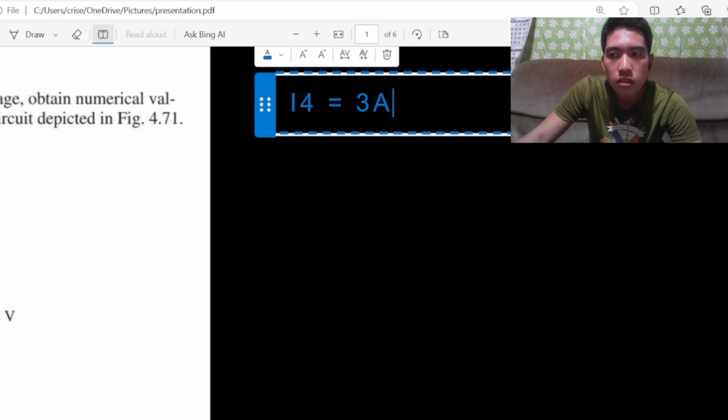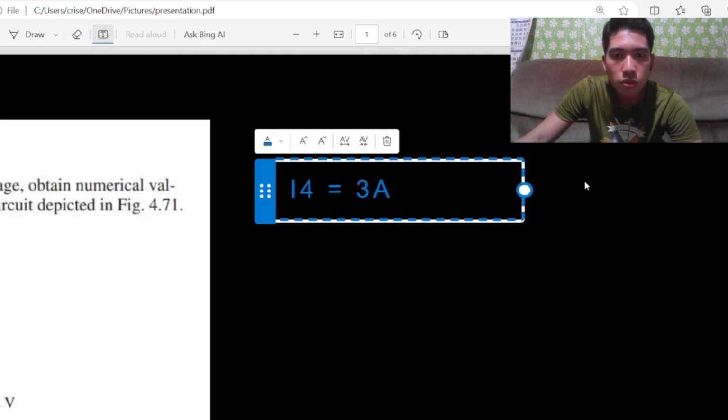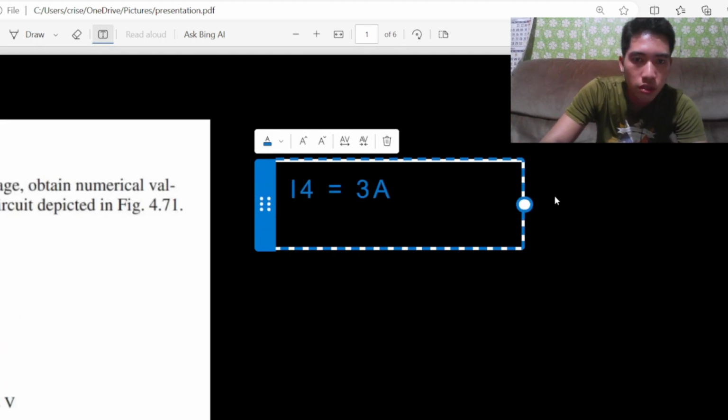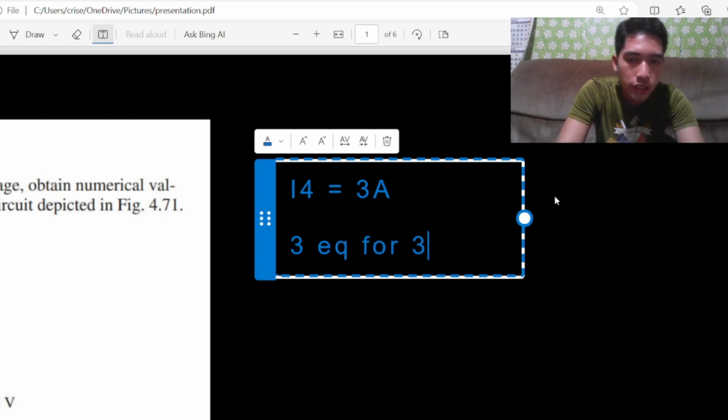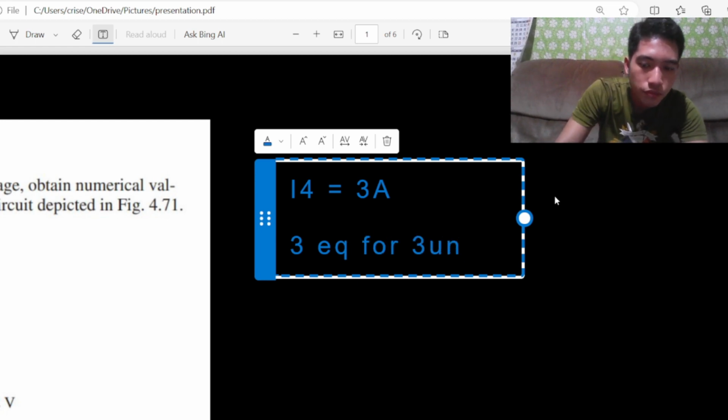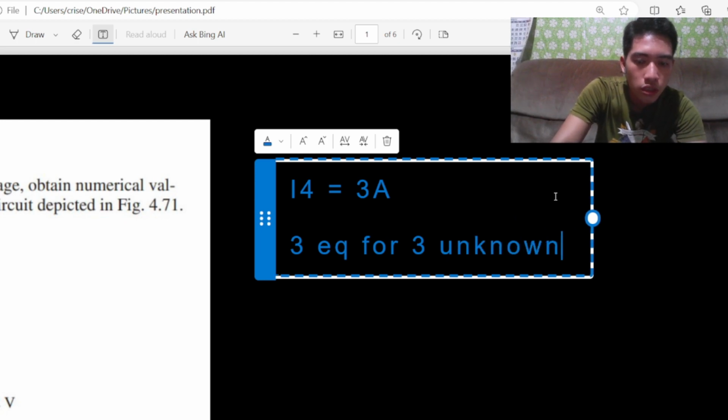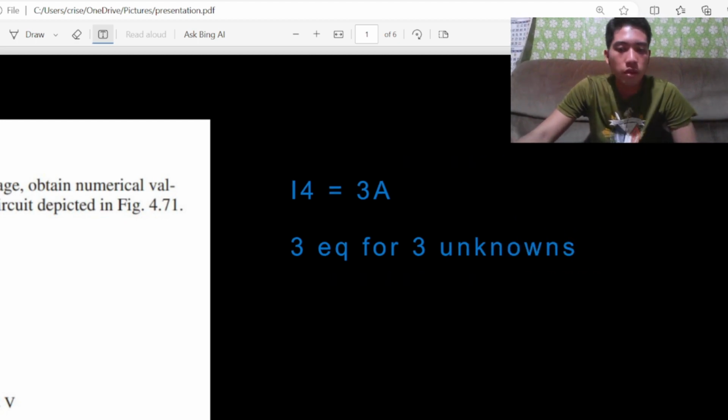And then we'll also note that we need to find 3 equations for 3 unknowns in order to solve this problem.